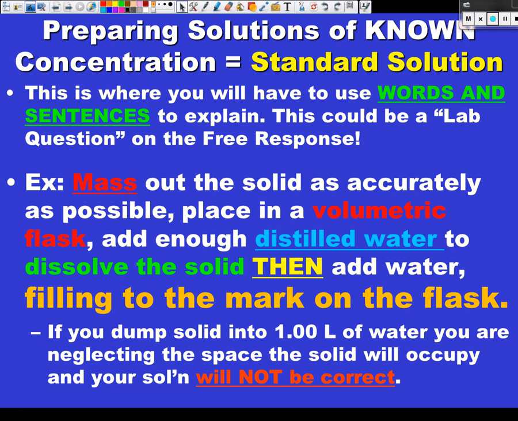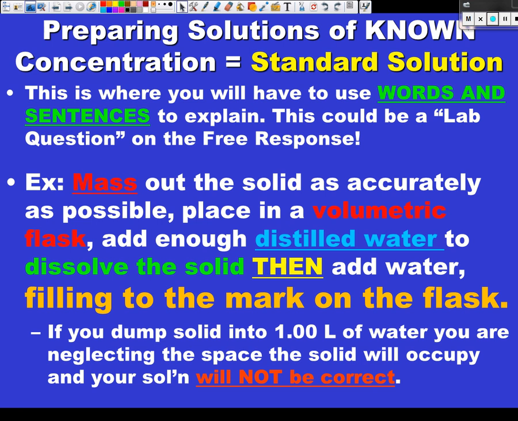Did it say fill it up? No. Why do we want to dissolve it first? Because once it dissolves, is it going to take up a different amount of space than it was when it was a solid? Yes, so we want to go ahead and get it dissolved so it can take up the space that it's going to take up, the ions, and then what do we do? Then fill it up. Add enough water to the mark on the flask.